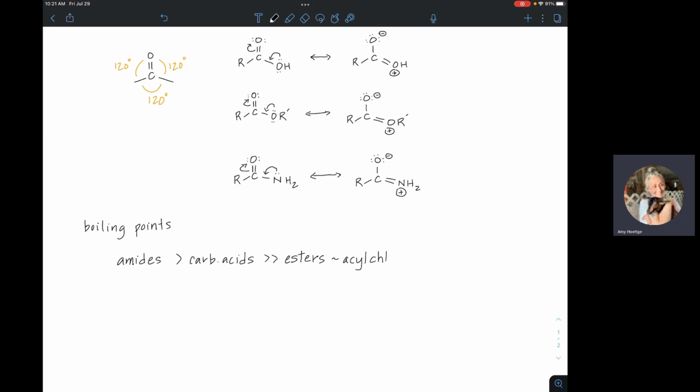So now we're not talking about reactivity here, we're just talking physical properties, and we're describing, in a sense, the intermolecular forces of attraction. These will probably be on par with ketones, and last will be aldehydes. So they'll all be kind of close, and it just depends on the structure.